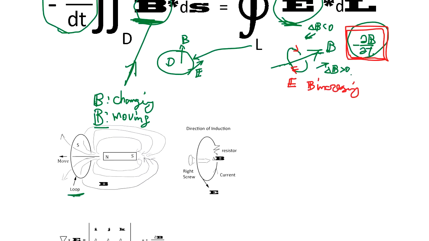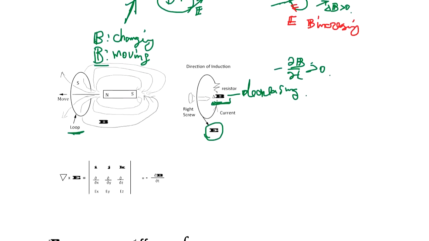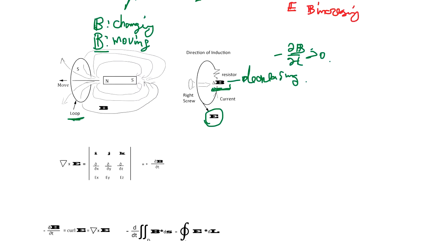So the B changes, and the direction of the E generated is orthogonal, but depends on whether B is increasing or decreasing. If decreasing, then use the right hand rule. In this case it's decreasing. Why is it always an orthogonal loop?